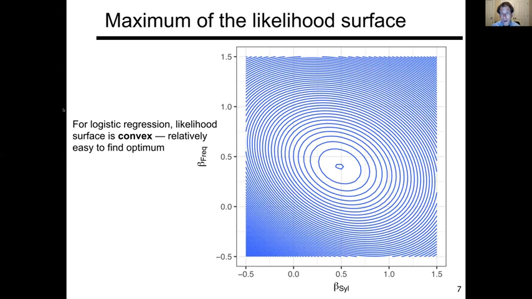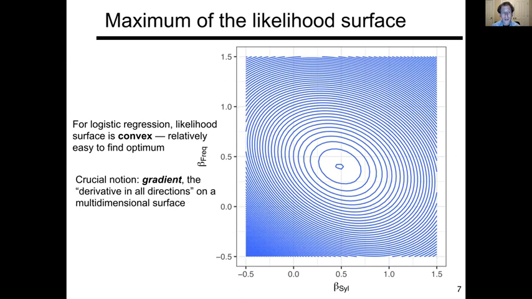In practice, for a wide variety of fitting techniques, there's a crucial notion, which is the gradient, which you can think of as the derivative in all directions on a multidimensional surface. The gradient, visually, is the direction, the vector of the maximum increase in likelihood as you move locally on the surface.